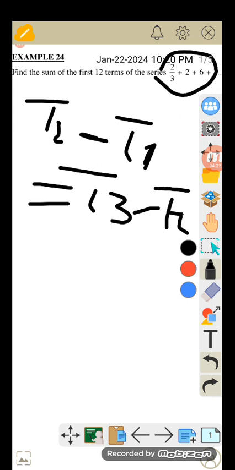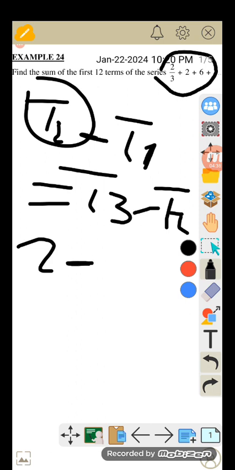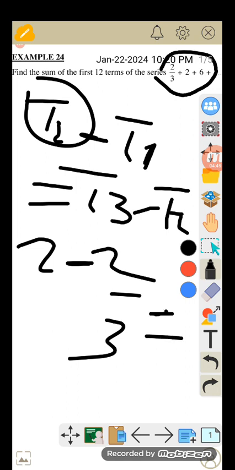Our T2 is 2. Our T1, which is the first term, is 2/3. Our T3 is 6. And our T2 is 2.